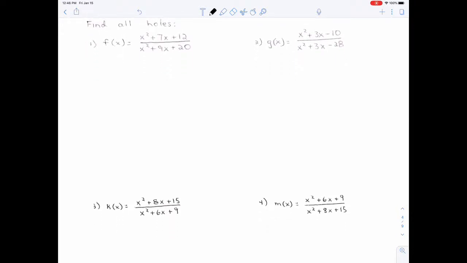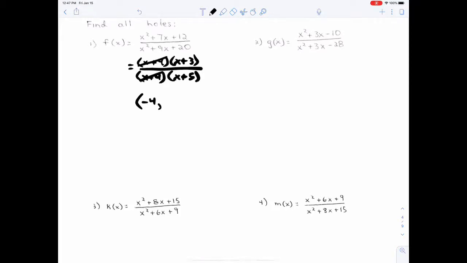So what we're going to do is factor these. So this is going to be x plus 4, x plus 3. And then this is going to be x plus 4 and x plus 5. So the x plus 4 is canceled. Did it cancel away completely? Yes. So there's a hole at -4. Now, how do I find the y coordinate?